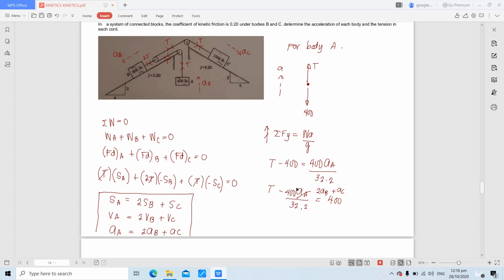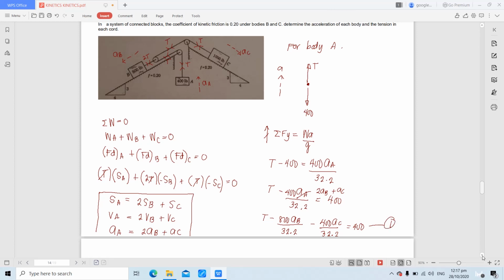So, distribute lang natin negative 400. That will become tension T minus 800 acceleration of B over 32.2 minus 400 acceleration of C over 32.2 equivalent to 400. And let this be our equation number 1.